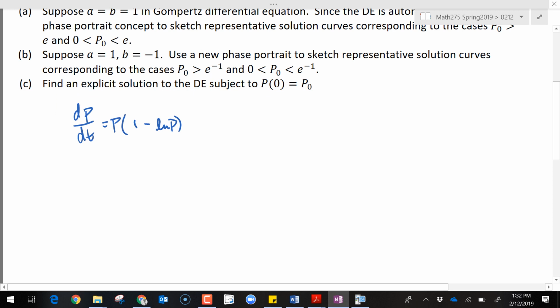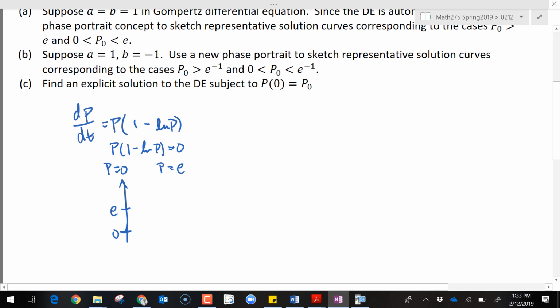So for the phase portrait, you would set this equal to 0. So either P is equal to 0 or 1 minus ln P is equal to 0. So P is equal to e. So those are your two critical points, 0 and e.